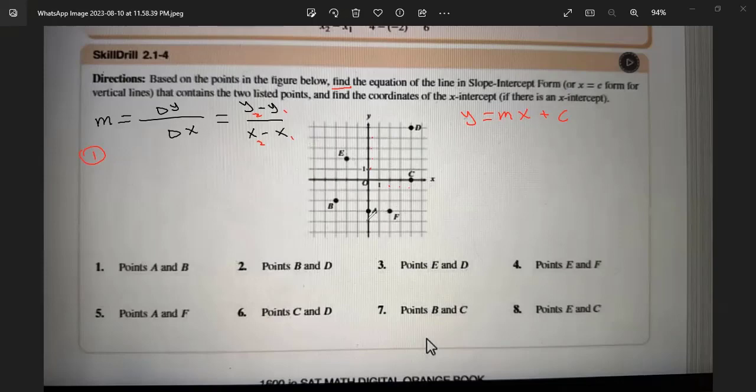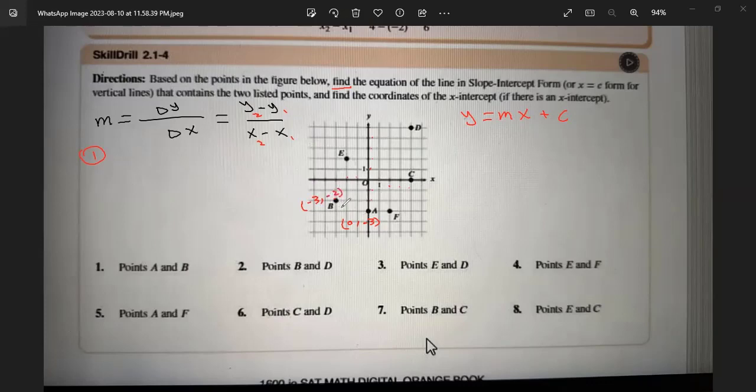Point A should be x equals 0, y equals 1, 2, 3, negative 3. Point B here should be negative 1, negative 2, negative 3 for x, and y is negative 1, negative 2.